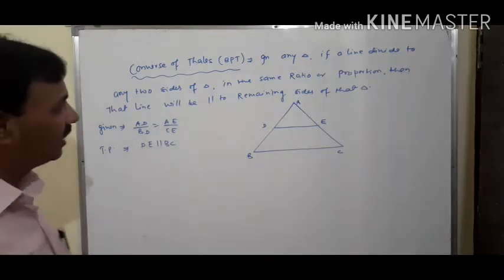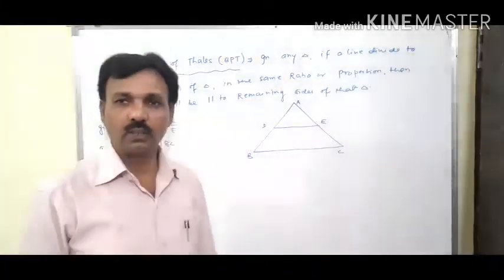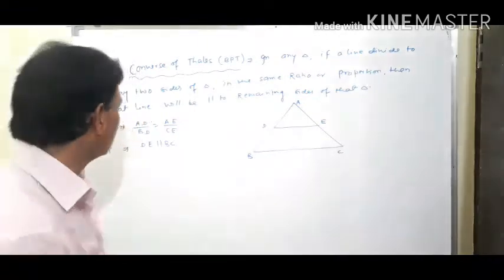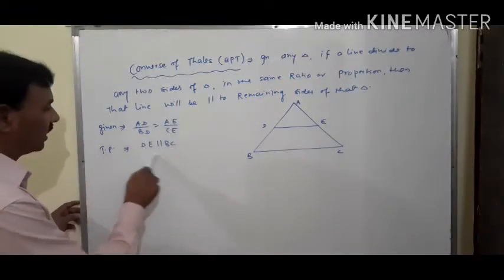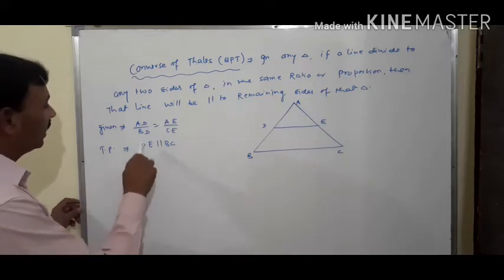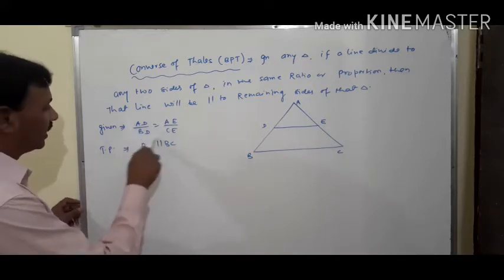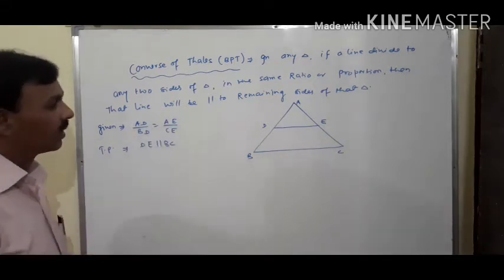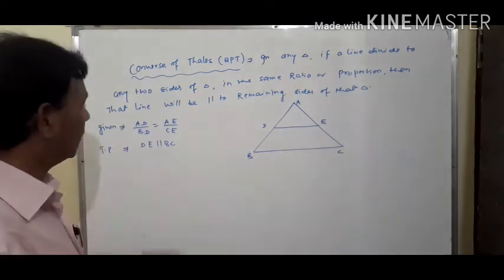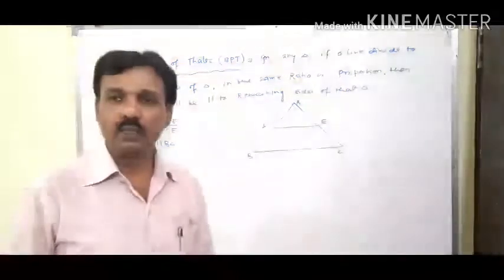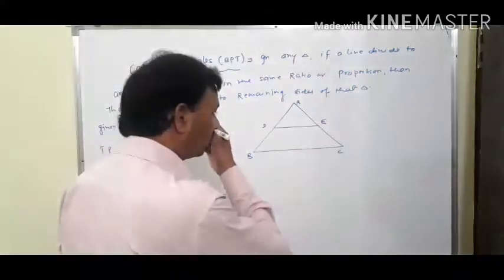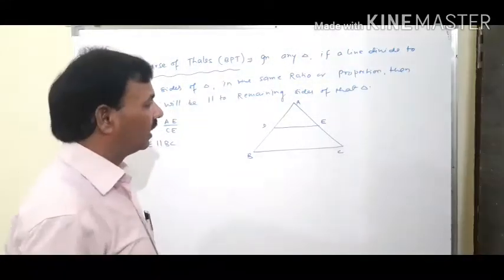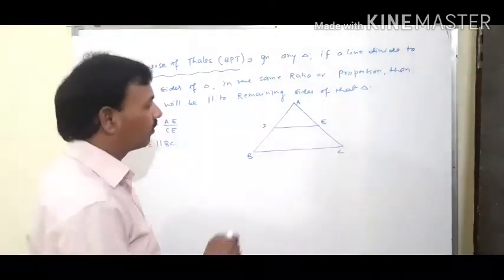You can see here, in the Thales theorem this was the thing to prove and this was the given. In this concept, this is the thing to prove and this is the given. For proving this, we take a construction and consider a contradiction.